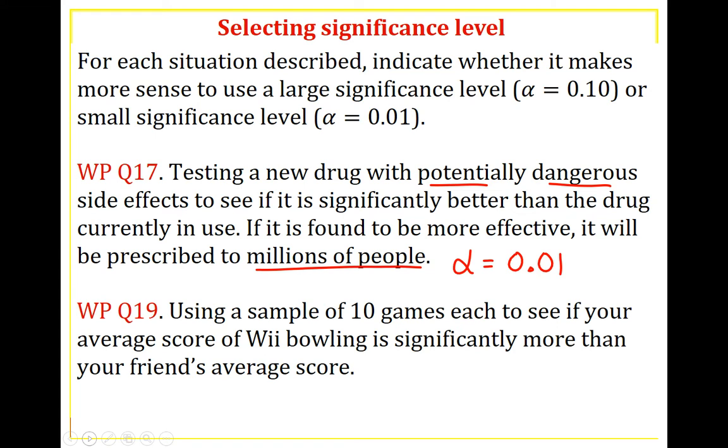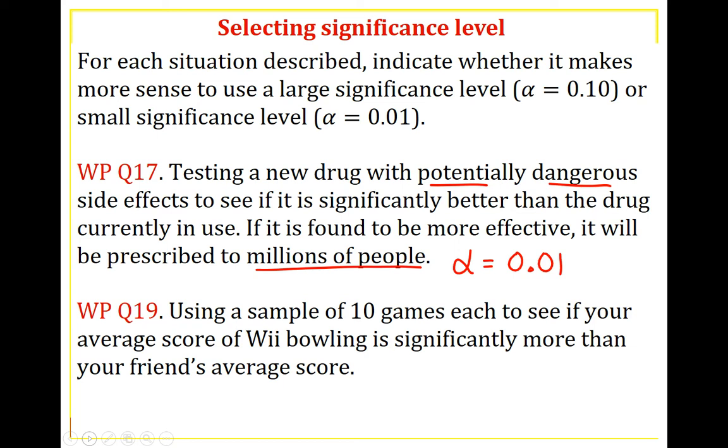Using a sample of 10 games to see if your average score on Wii Bowling is significantly more than your friend's average. I don't think that anybody's going to get hurt because you have a higher average than somebody else on Wii Bowling, but some people are really competitive, so it could happen. I'm sure my wife could put the whooping on me if I beat her in bowling or something.